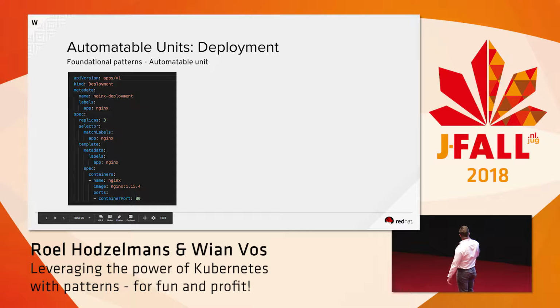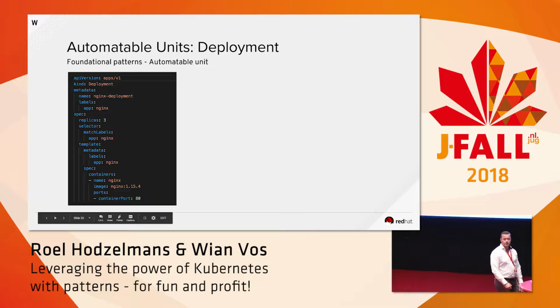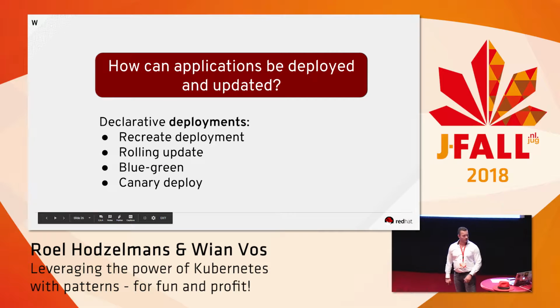So here it says, all right, I want to have 3 replicas of this template. And here you say, all right, which container? All right, Nginx certain version, and I want it to run on container port 80. It's all pretty straightforward. Again, after our presentation, please go home, try this out. It's pretty awesome. Works on any Kubernetes cluster.